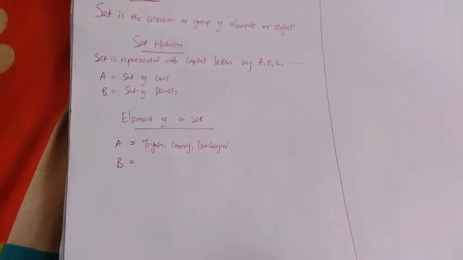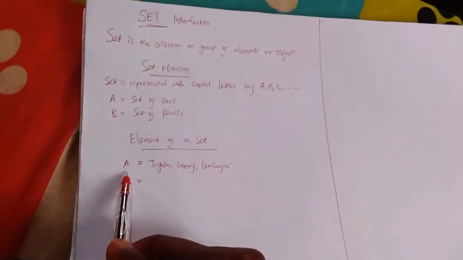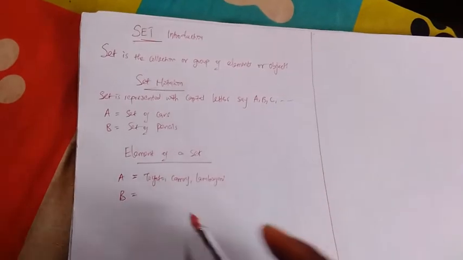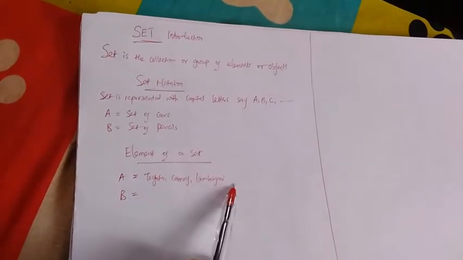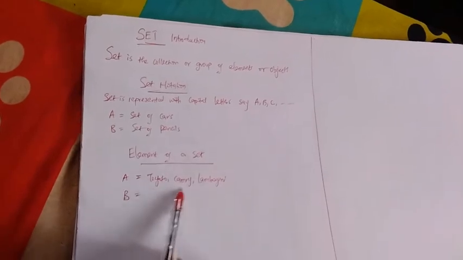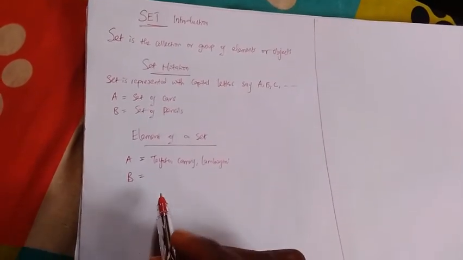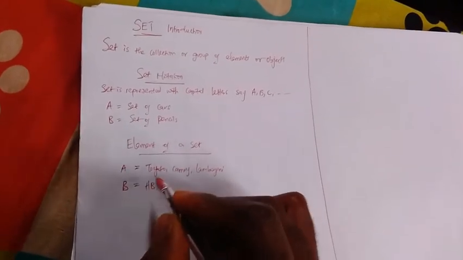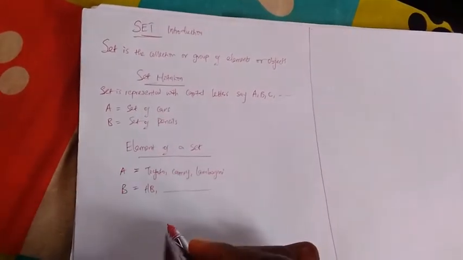Those are elements of A because A is cars, and different cars will have different brands and different names like that. So these elements are the babies of A in that case. Then for B, we have HB pencil and some other types like that.